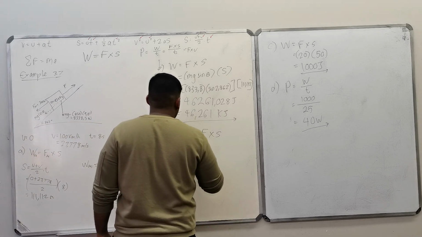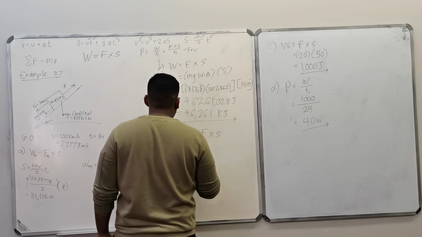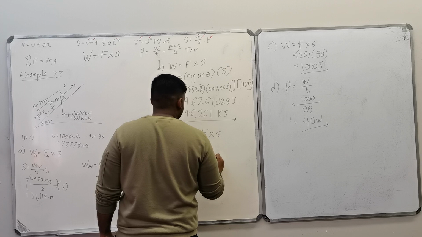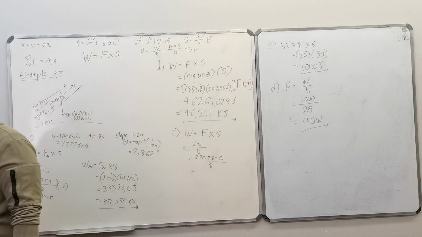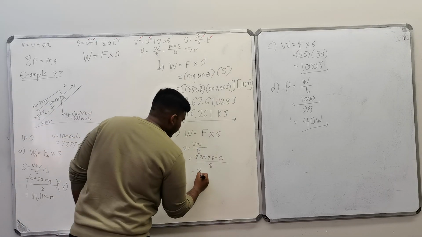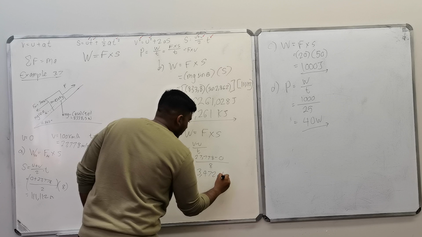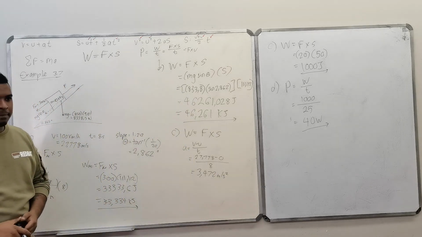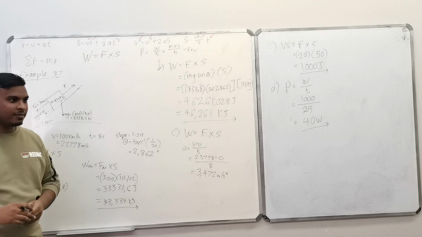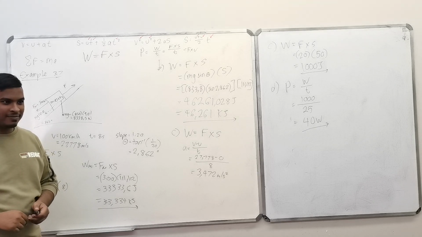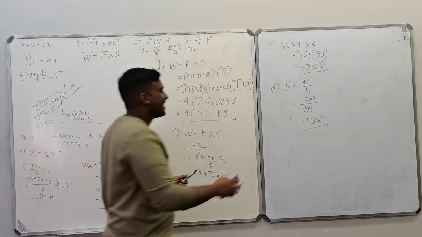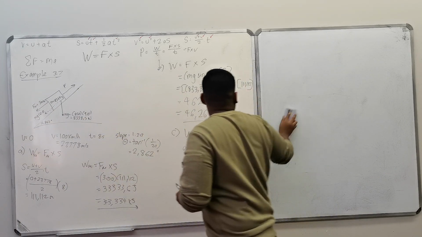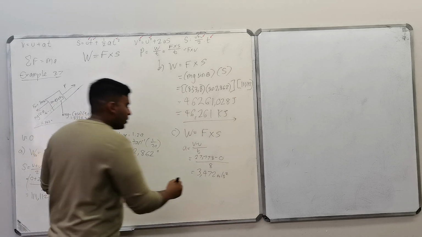So acceleration will be equal to (v minus u) all over t, which is equal to 27.778 minus 0 all over 8, which is 3.472.